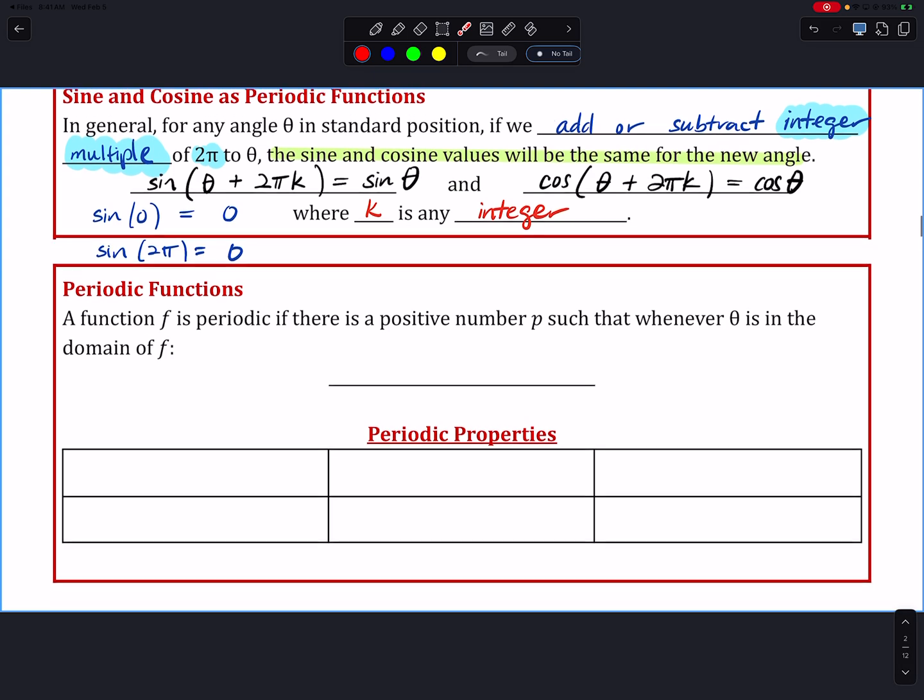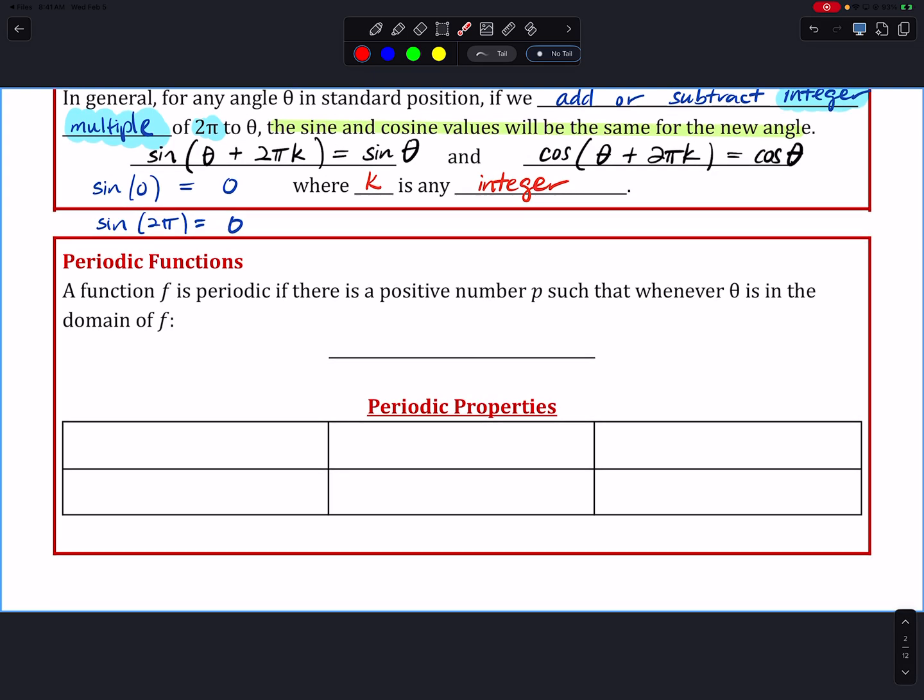All right, so these are the periodic properties. I would definitely put little stars or highlight or whatever you need to do. Put a sticky note, something in your notebook so that you know where to find this.